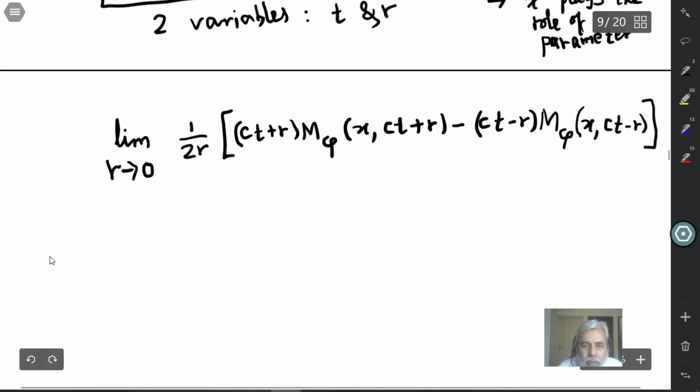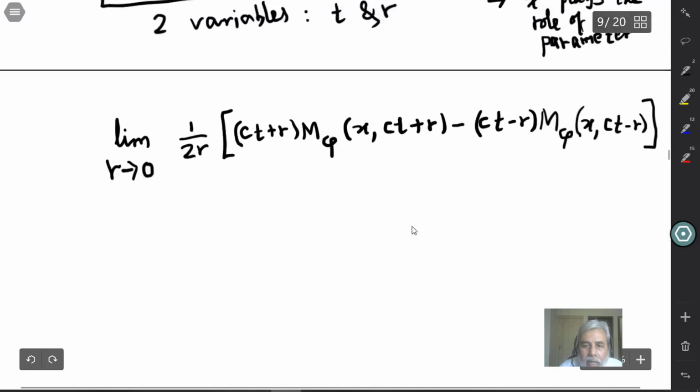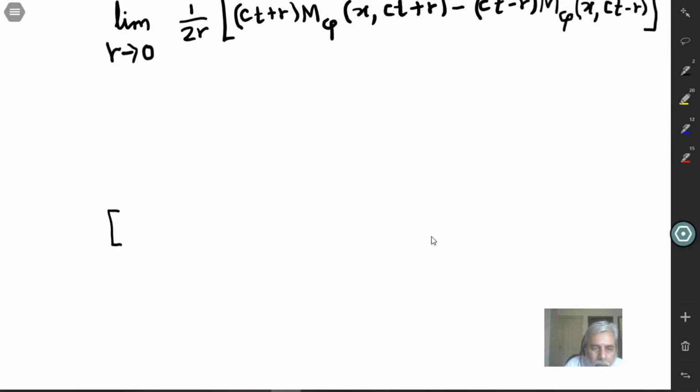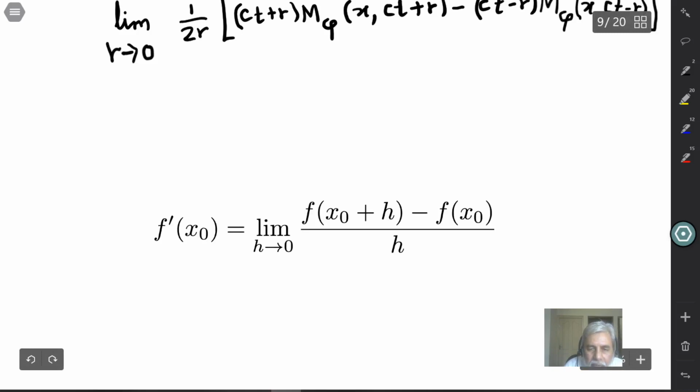We just want to convert this into a derivative. So how can we do that? If you have any function, this is just a one-variable function. We know that the derivative is simply the limit of f of x naught plus h minus f of x naught, by h. This is the plain definition for a function of one variable.